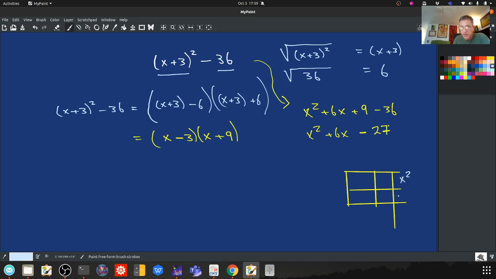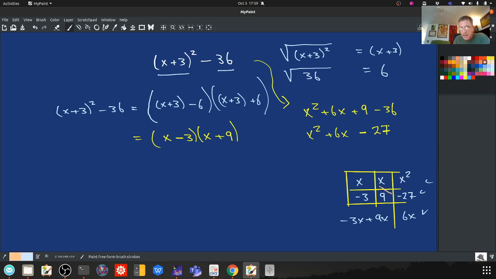x squared plus 6x minus 27. So that has to be x, that has to be x. So what two things multiplied together gives me minus 27? Well, minus 3 and 9. So that's minus 3x plus 9x. And that gives me 6x.